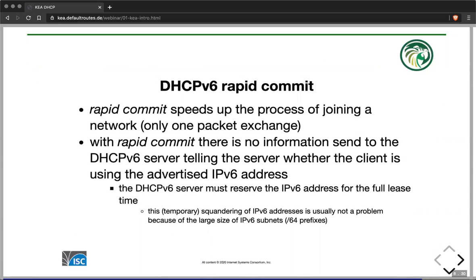DHCPv6 knows one special way of giving IP addresses to clients, and that is called rapid commit. The idea of rapid commit is to speed up the process of joining a network. For example, a mobile handset, a smartphone, if that goes into sleep, it might shut down and give up the IP address.